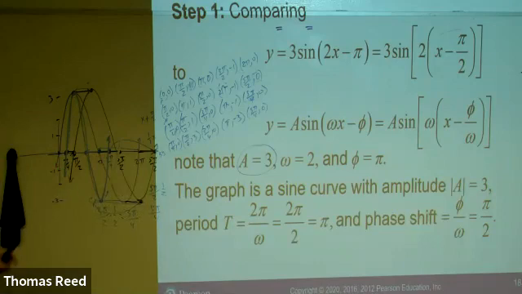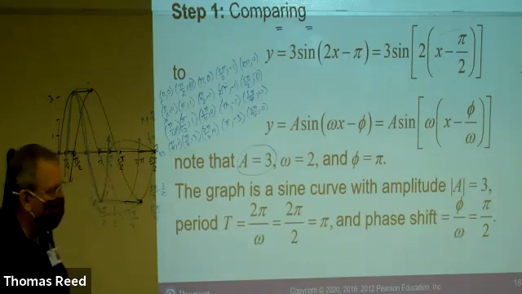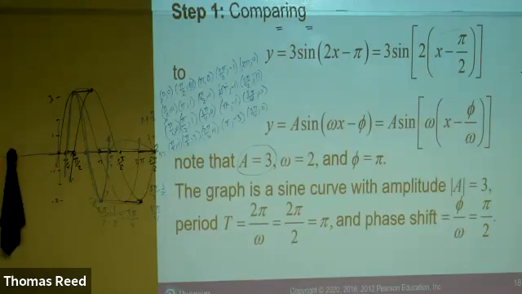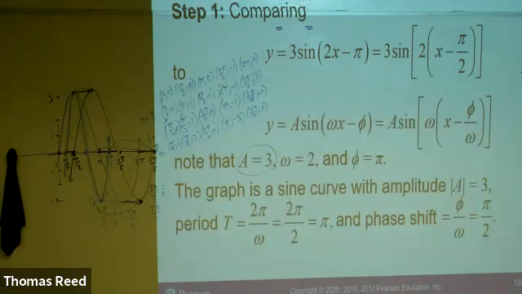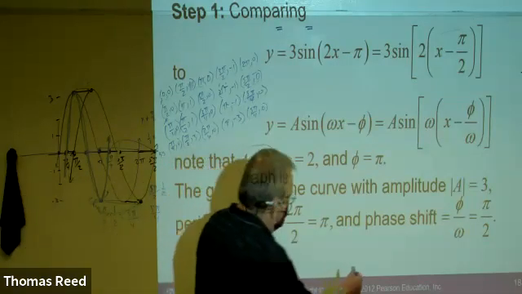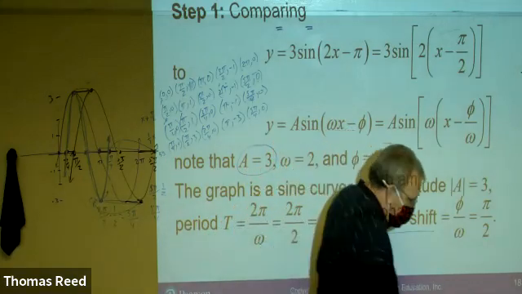I could have done the stretch first, because when I do the stretch, the vertical stretch does not affect the horizontal compression or shift or phase shift. It's a horizontal shift, but when we're talking trig functions, it becomes a phase shift.